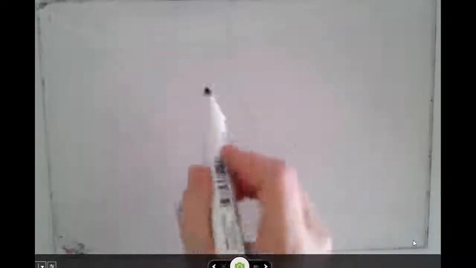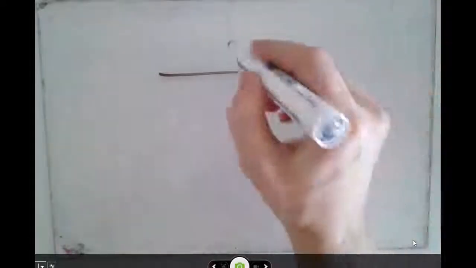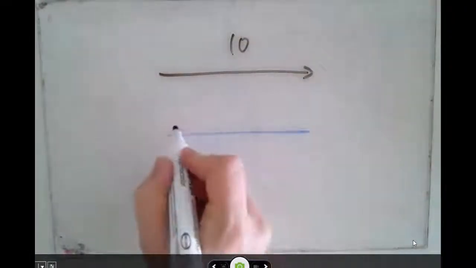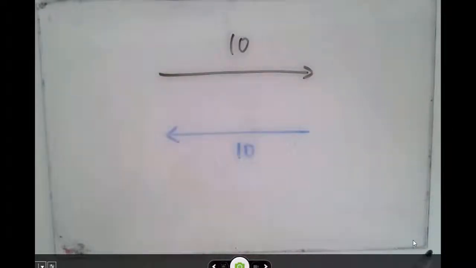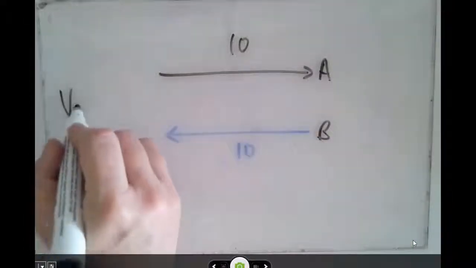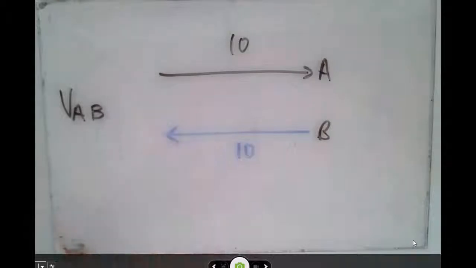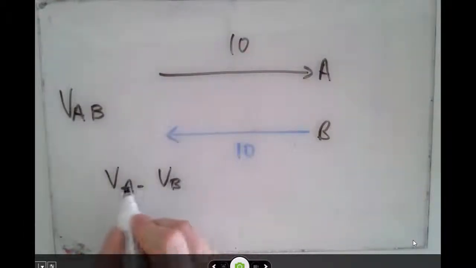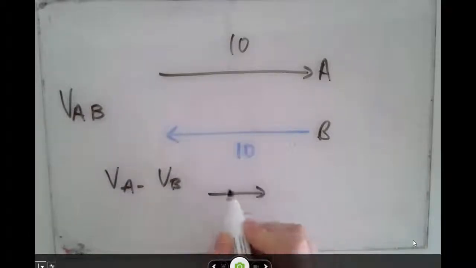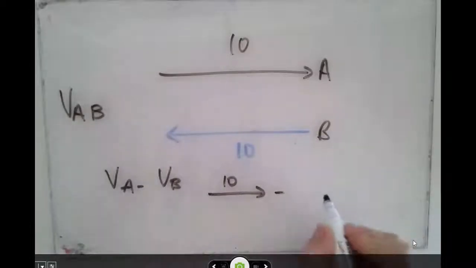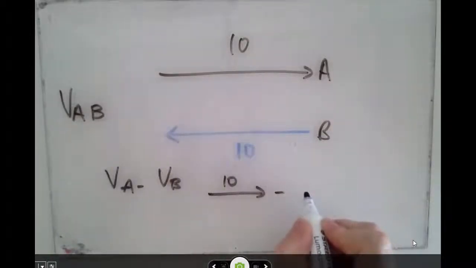In this situation, we have vector A moving at 10 down and vector B moving at 10 up. So, same thing. The velocity of A relative to B is A minus B. But in this situation we have 10 minus a minus.